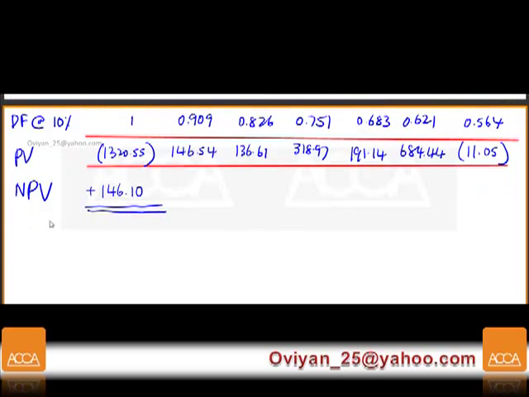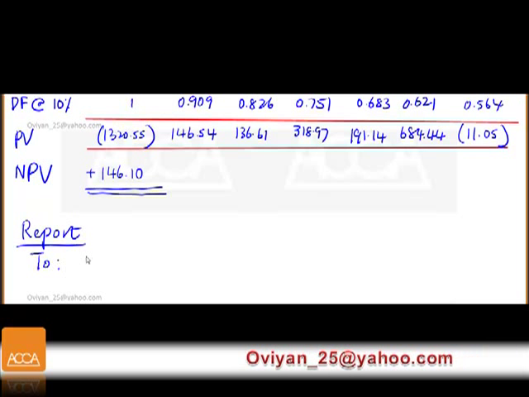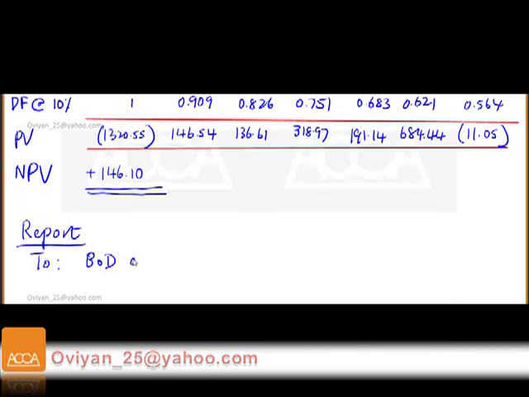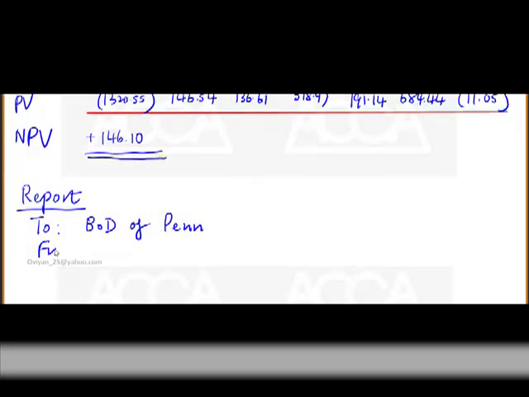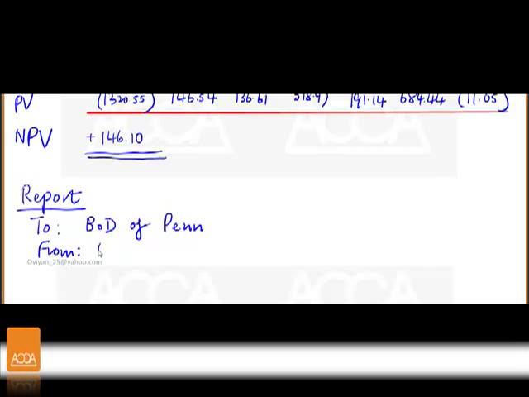So now we're going to come to a report. To whom? To the Board of Directors of Penn. It's definitely going to be from anyone below them. It's going to be the finance manager.